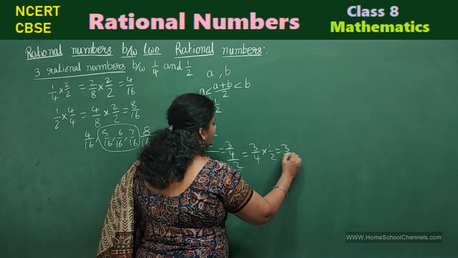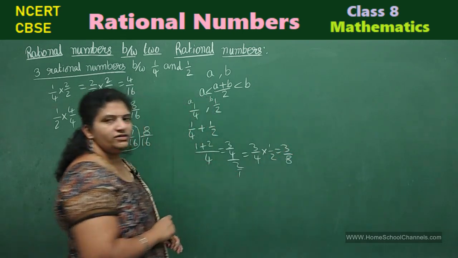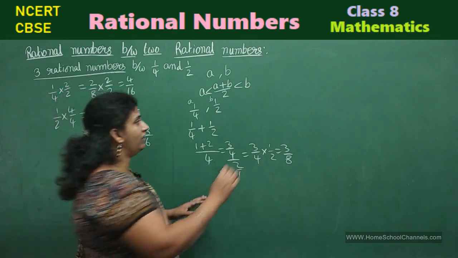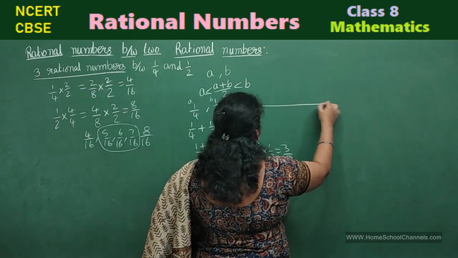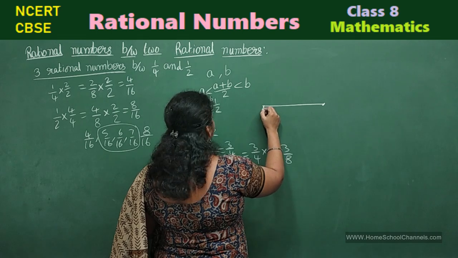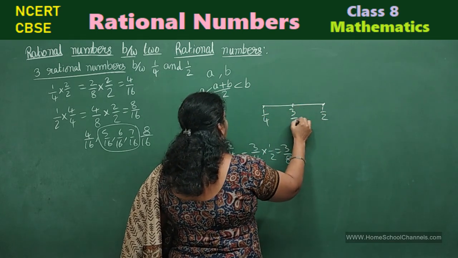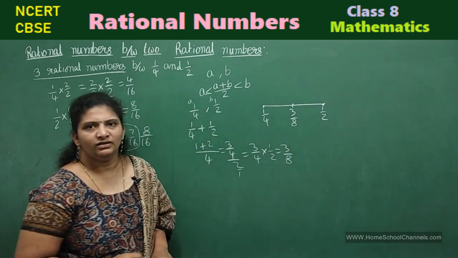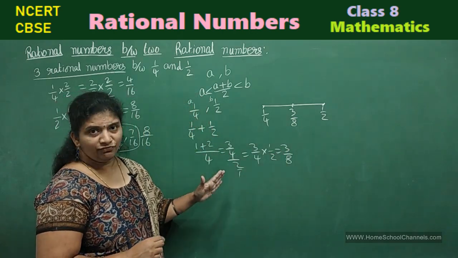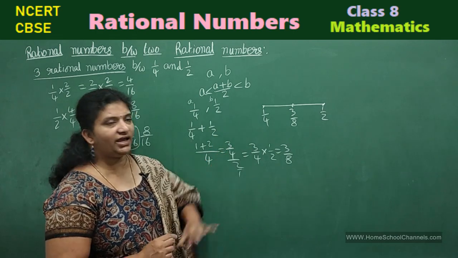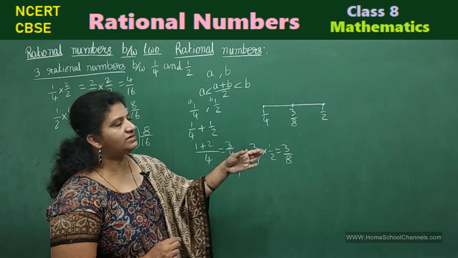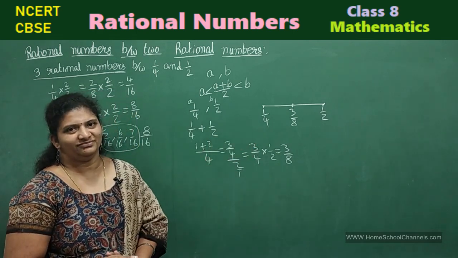It will be 3 by 8. So in between the 2 rational numbers 1 by 4 and 1 by 2, 3 by 8 will be there. 1 by 4 is less than 3 by 8, and 3 by 8 is less than 1 by 2.